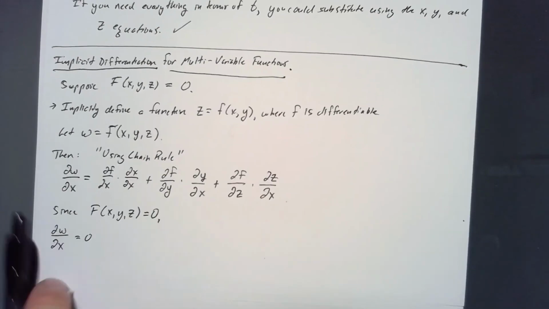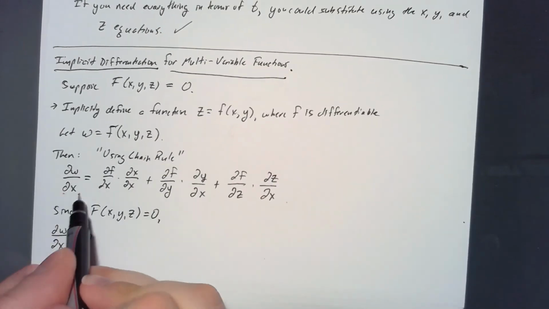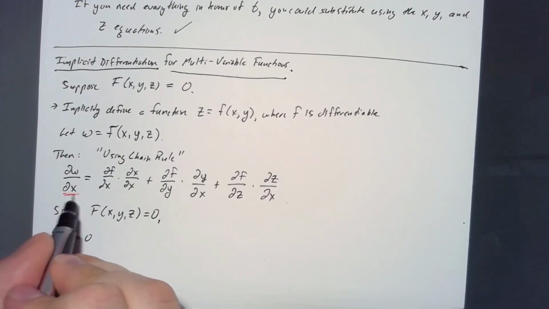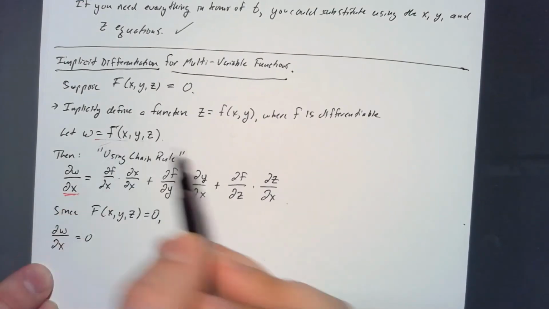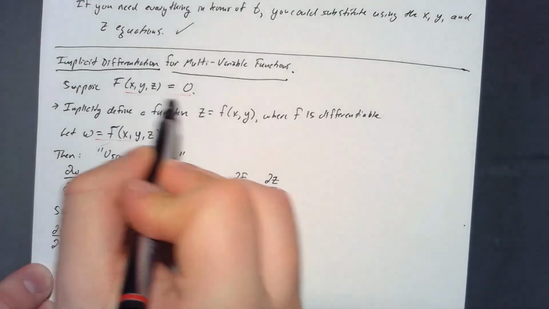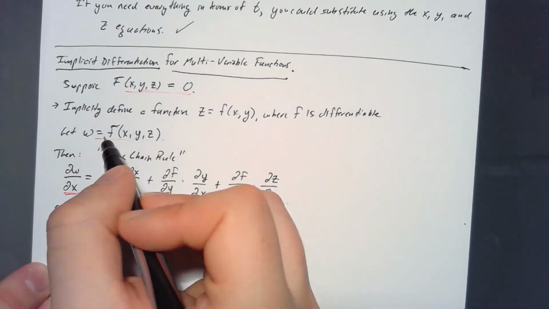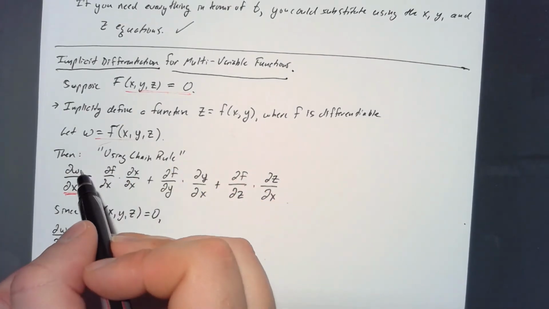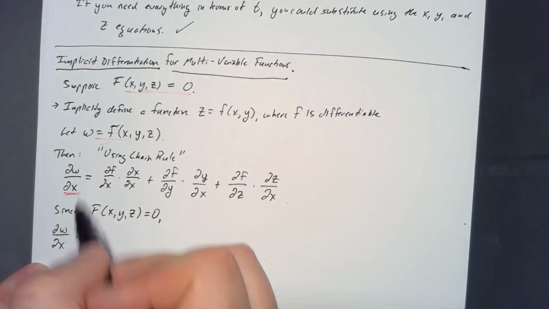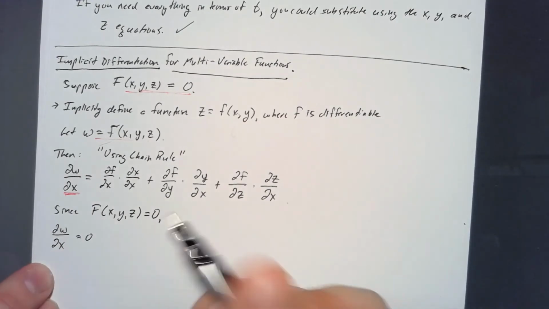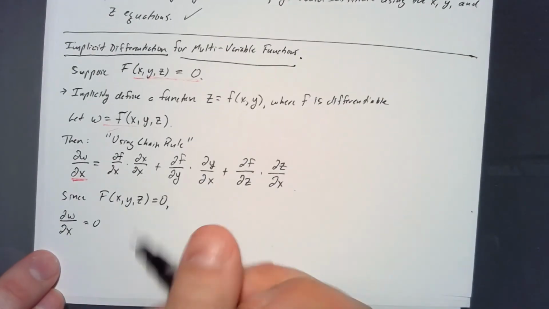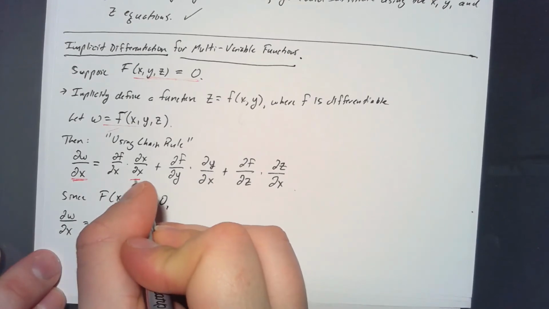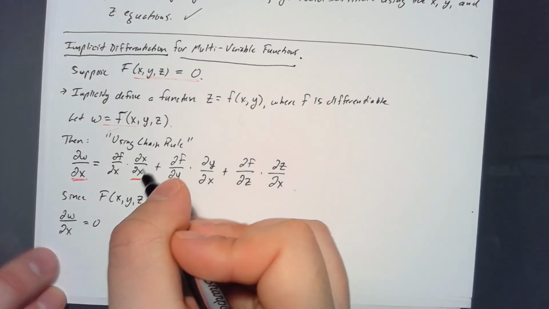If I look here, that's what this is, right? If I'm saying this is equal to 0, that's the assumption I made here at the beginning, and I'm letting w equal this. Well, what's the derivative of 0 with respect to x? 0. Okay. What else do I know? Look at this as well. What's dx over dx? Well, what's anything over itself?